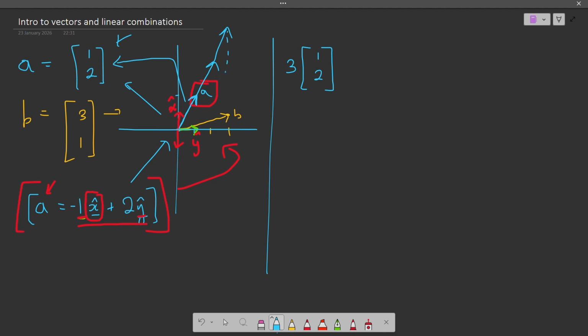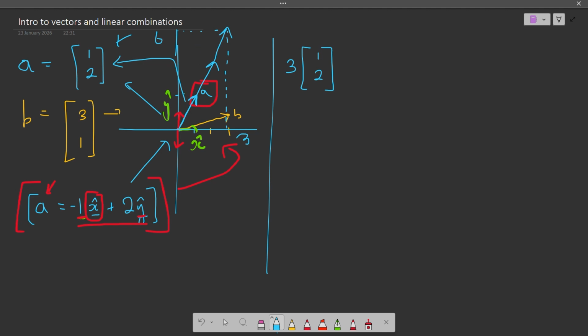Now what is this point on the plane? And just a little bit of a correction: this over here was the x hat and this is the y hat. Yeah, so as we can see, this would take us to the point 3 in the x direction, and this would be the point 6.